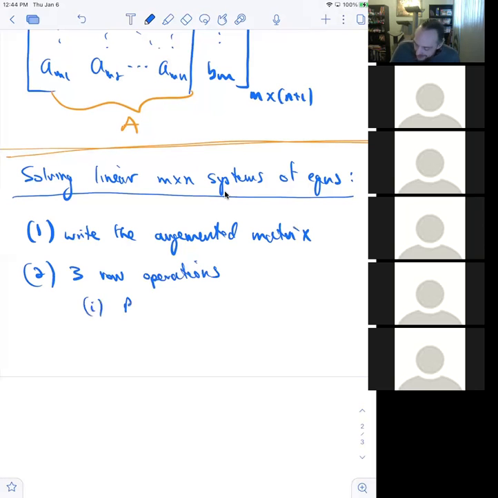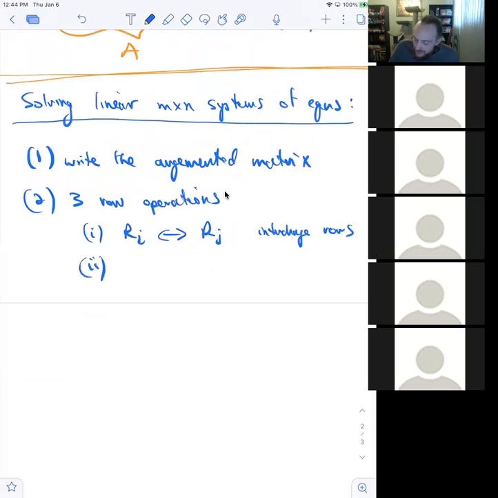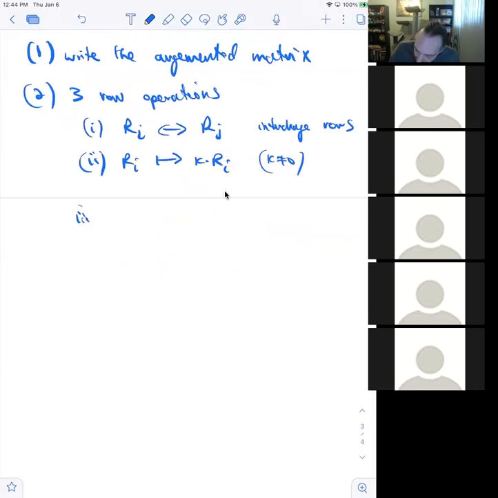One, you're allowed to interchange rows. And that's what it's going to look like when I do it. Two, you're allowed to take a row and replace it with a multiple of that row, so multiplying rows by non-zero scalars. And then three, you're allowed to take a row and add a multiple of another row to that row.